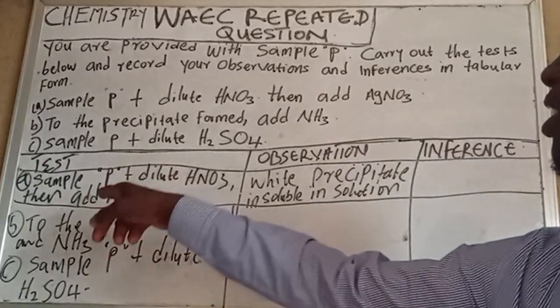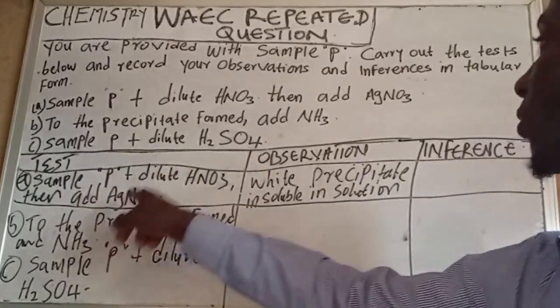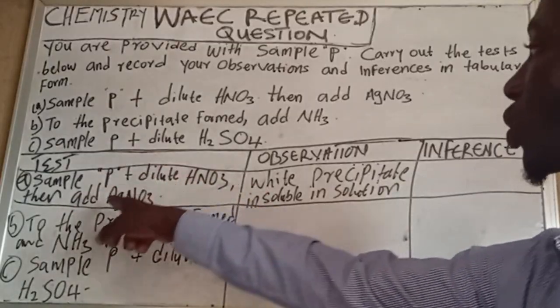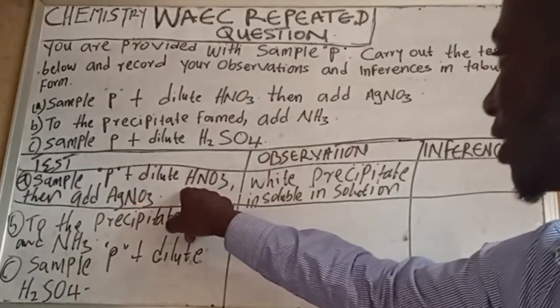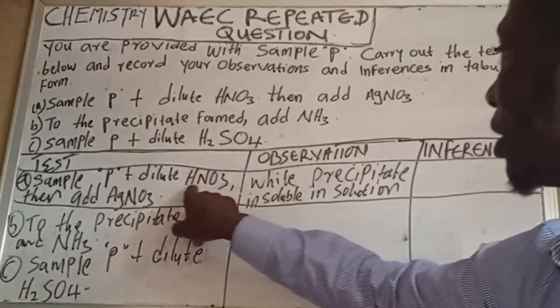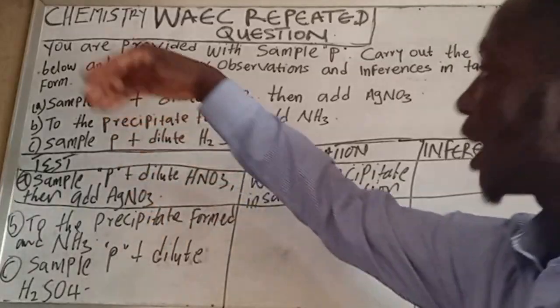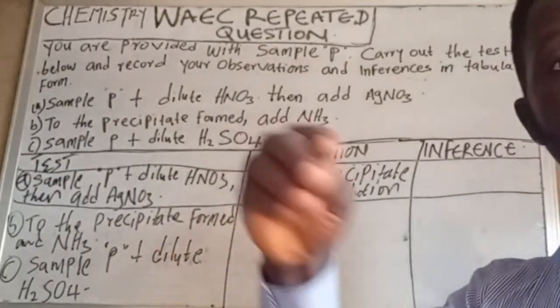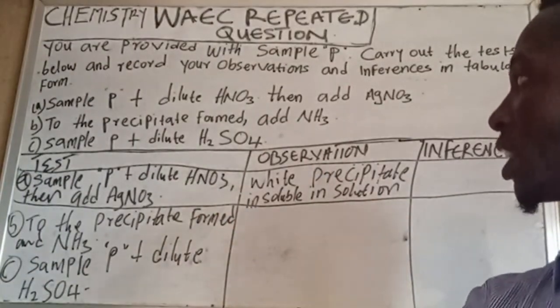Silver nitrate is a test for ions. Now they want to test halides, and adding dilute nitric acid here removes other ions, leaving the halides. The word halide means group 7 elements.